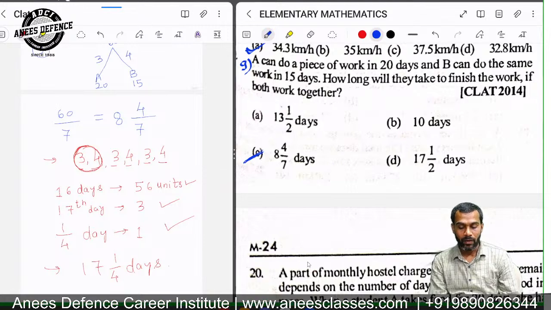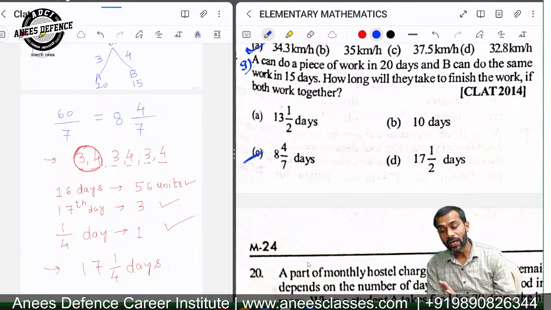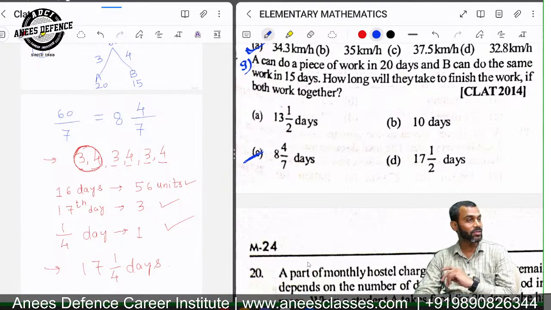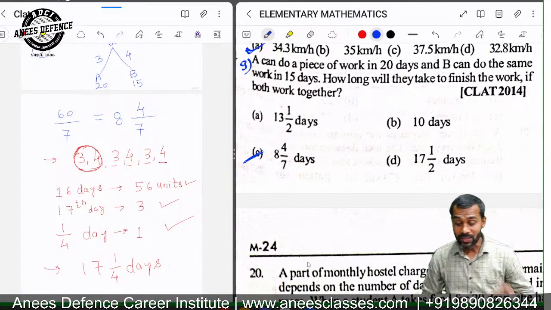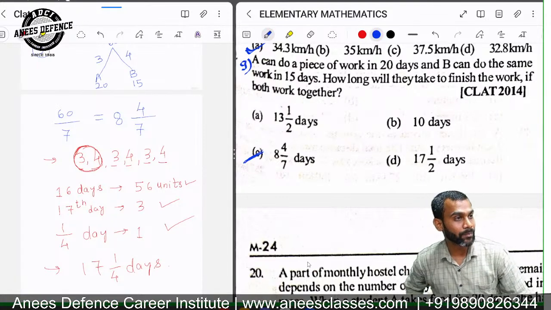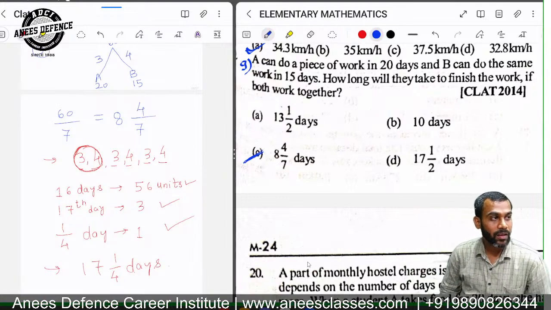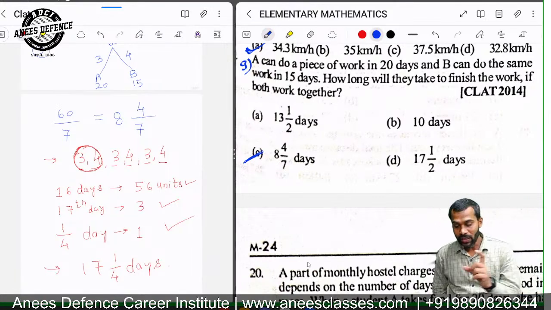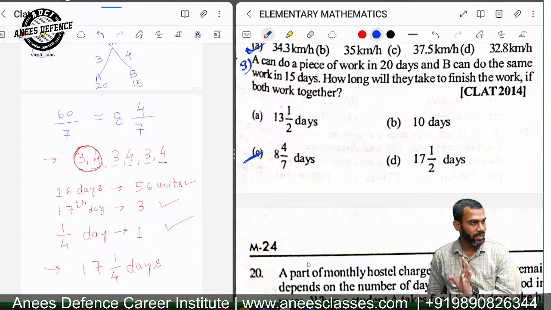Yes, sir. Now the question is, again, if they are supposed to work alternately, but this time around B starts the work. So if B starts the work, 4, 3 will come. So who will end? A will end completely. Why? Because see, 56 units again 16 days.